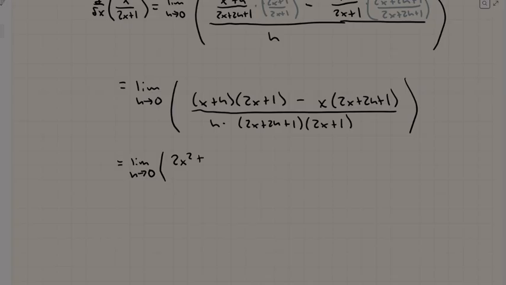I'm going to do the FOIL on the first term, plus 2xh plus 1 times x plus 1 times h minus, and I'm going to go ahead and put that minus x times each term so that we just don't have any parentheses anymore. So that'd be minus 2x squared minus 2xh minus 1.